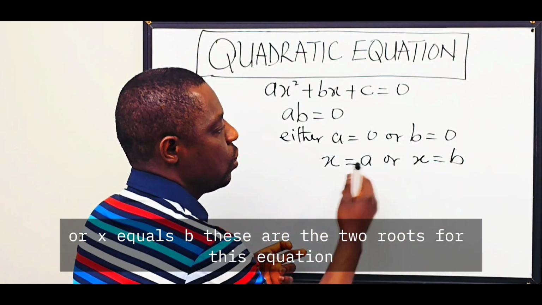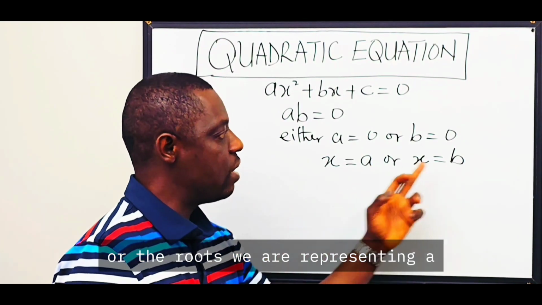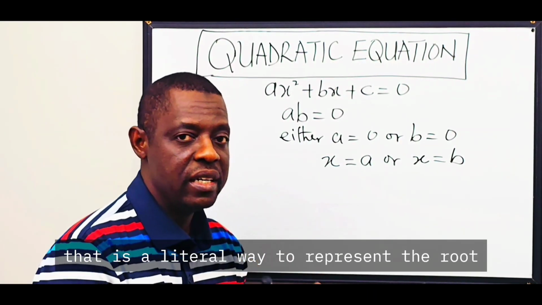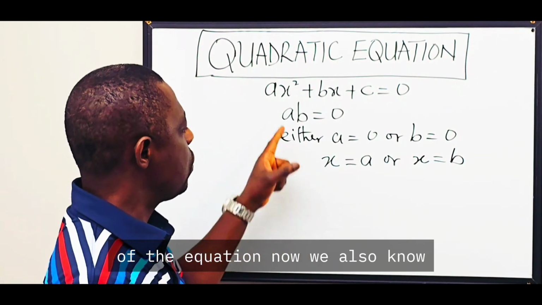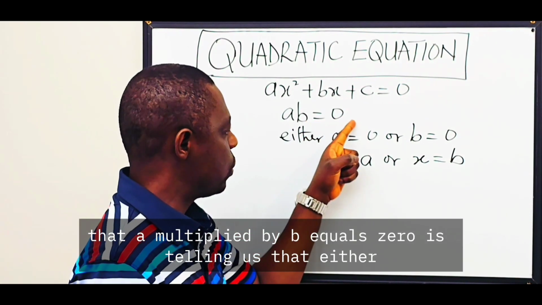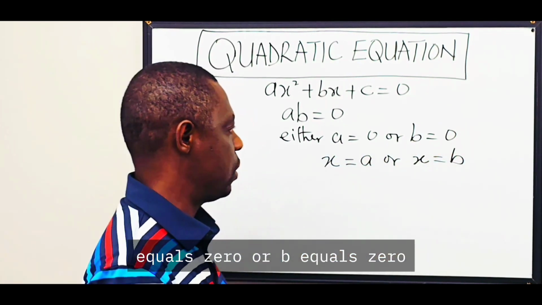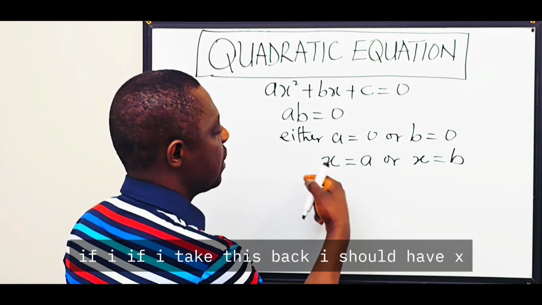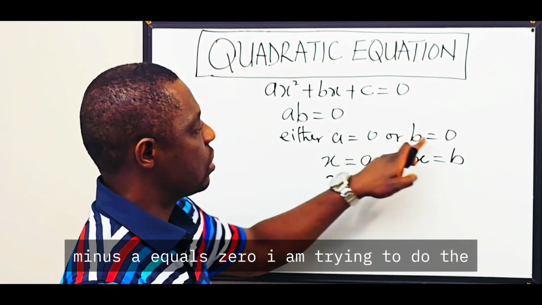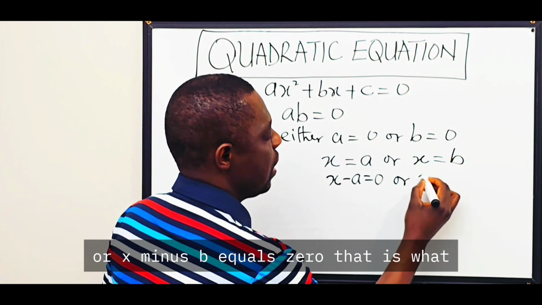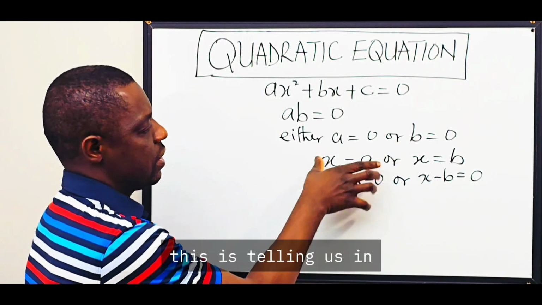These are the two roots of this equation. Now, we also know that a multiplied by b equals 0 tells us that either a equals 0 or b equals 0. So if I take this back, I should have x minus a equals 0 or x minus b equals 0.